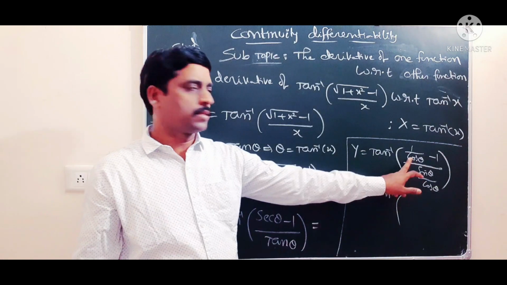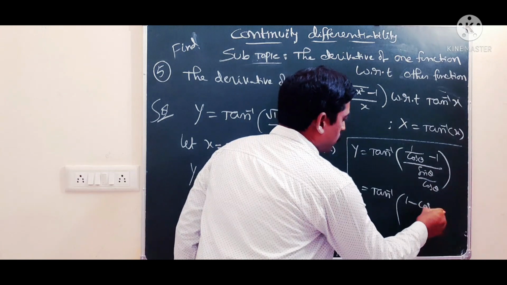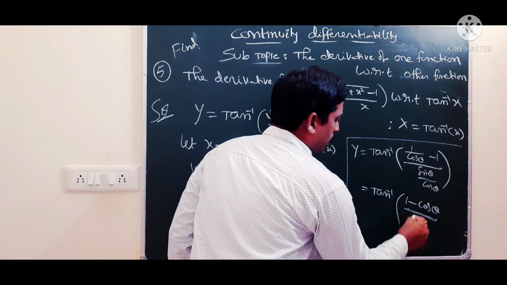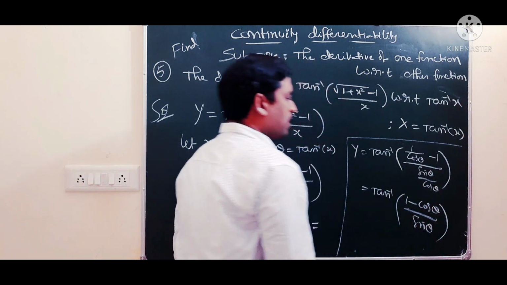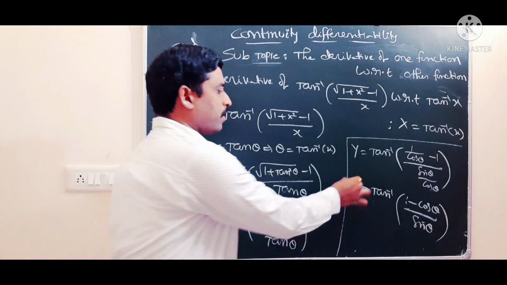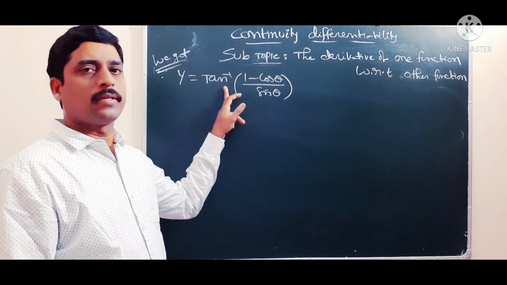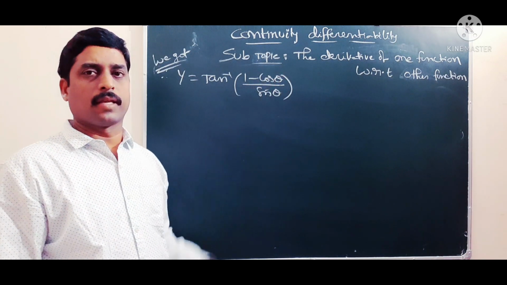What is the LCM? Cos theta. So after the LCM this cos theta gets cancelled. So we got y is equal to tan inverse of (1 minus cos theta) by sin theta.